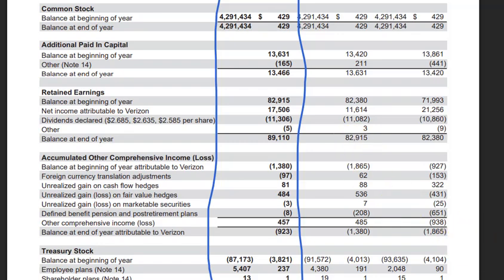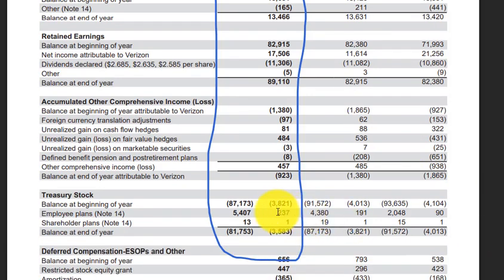That means that they sold that treasury stock for less than they paid for it when they bought that treasury stock. So when they sold it to their employees, they sold it for less than they paid for it. So they're going to reduce treasury stock by the amount they originally paid for it.